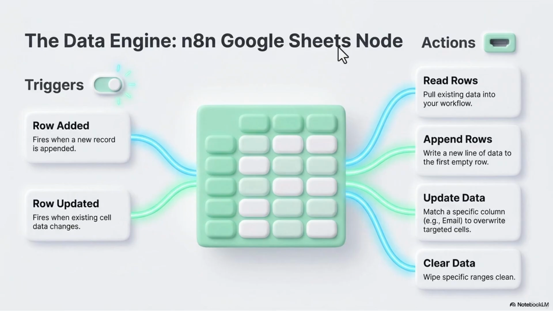Let's have a look now at the Google Sheets node. Again, with the Google Sheets node, you have both trigger and actions. The trigger can be triggered when you add new rows or when rows are updated. And for actions, the Google Sheets node turns your spreadsheet into a live data hub for your workflow. So you can automatically add new rows as data comes in, such as logging leads and form submissions.